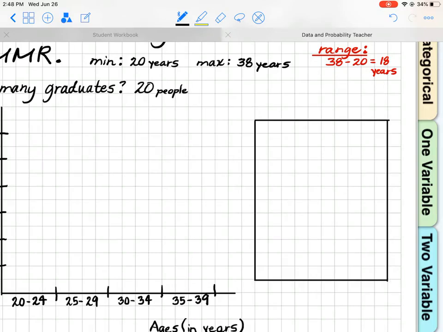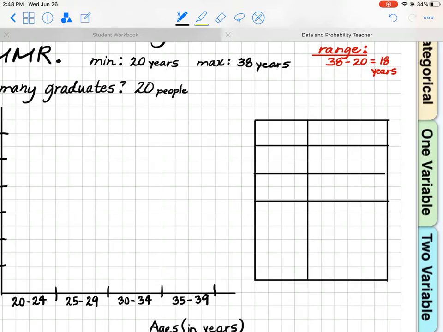Okay, so we're going to put space in here for our age groups. This is the purpose of drawing this thing. Let's do some headers. So let's do ages and frequency.